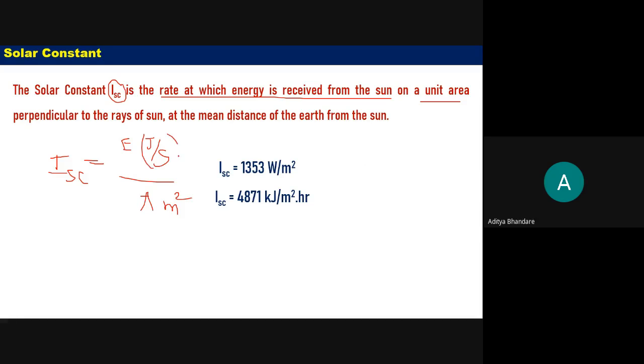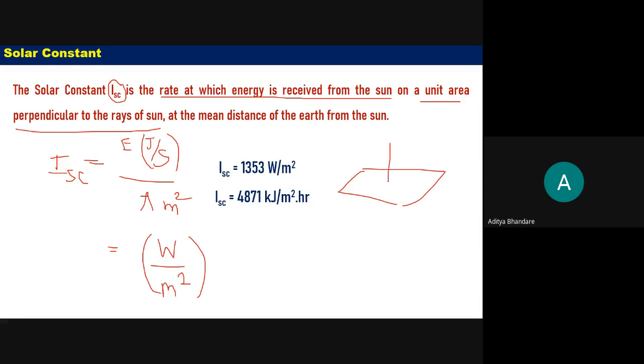Joule per second means watt, so ISC is calculated in watt per meter square. Now this area must be perpendicular to the rays of the sun, that is, perpendicular to the direction of the solar radiation coming from the sun.